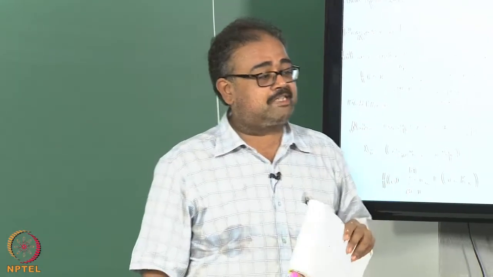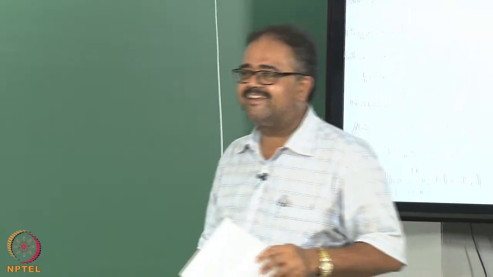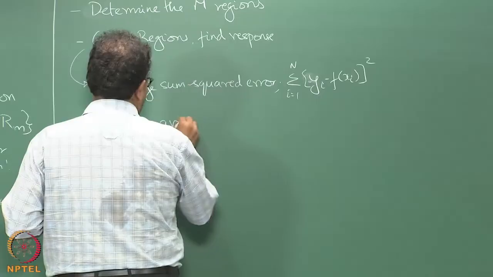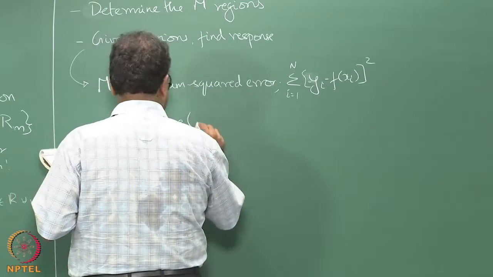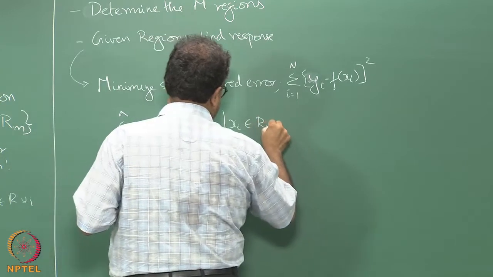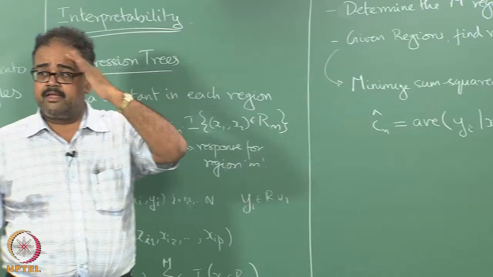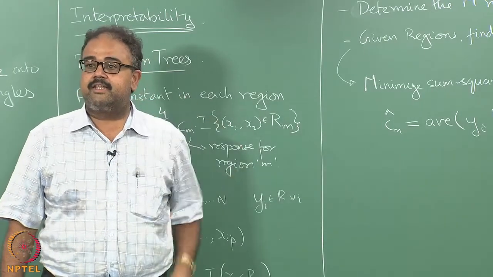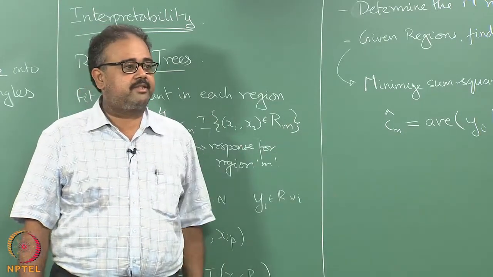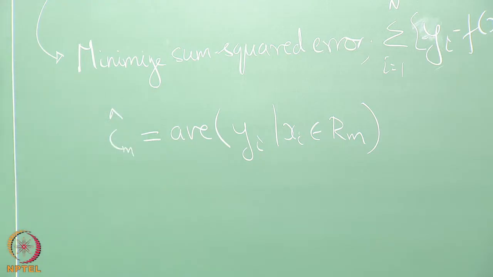I am fitting a constant. I am not fitting a straight line here. Average of all the points. Like average of all the points which lie in the region, and take the yi's corresponding to the points lying in the region and take the average. Okay, that's the best response. That's easy. Okay, that's done.